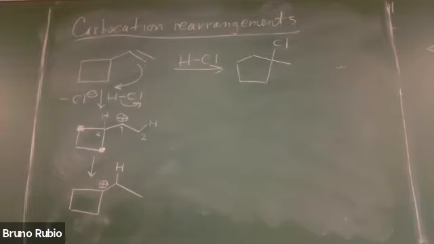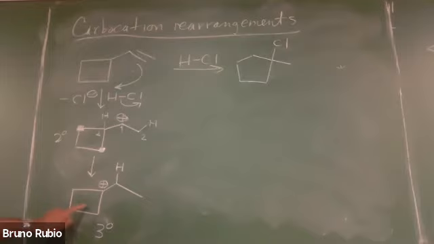But this doesn't happen because I need to blow that 4-membered ring up into a 5-membered ring. This is secondary, this is tertiary. Am I going from a more stable ion to a less stable ion? I'm not.